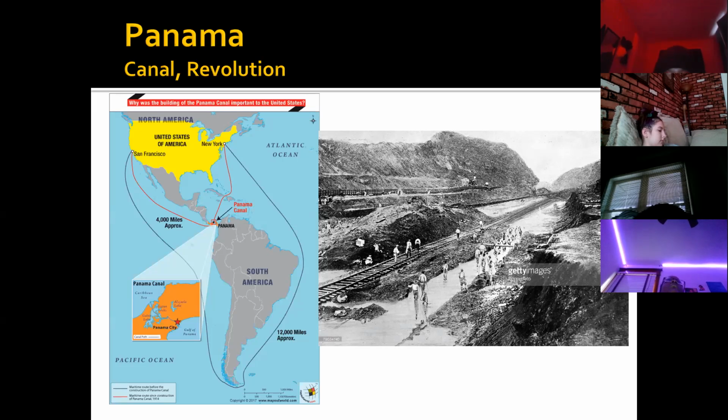The idea was to go down to Panama, a country in Central America, and build a canal through it, which would shorten the distance from 12,000 miles to 4,000 miles.